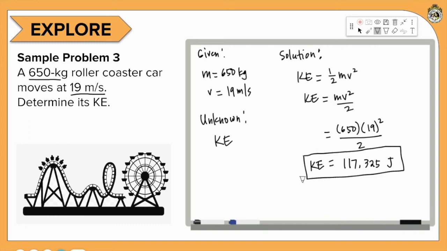If you are solving for kinetic energy and your final answer seems to be a really large number, don't worry. Kinetic energy is supposed to have a large value, especially if you have a large mass. Like in the case of the roller coaster, the mass is 650 kilograms, so we expect a big kinetic energy value at the end.